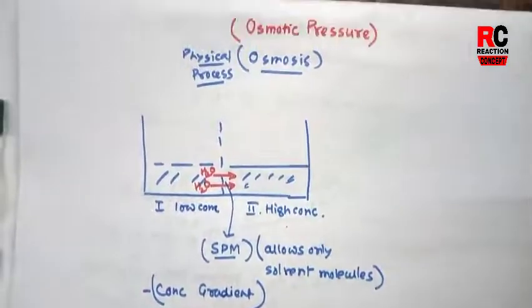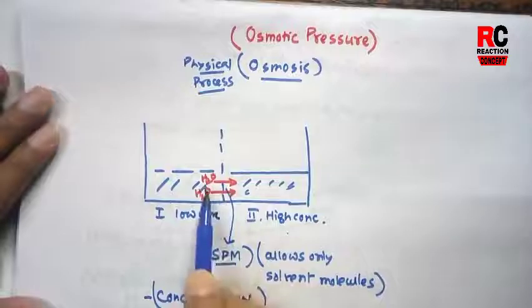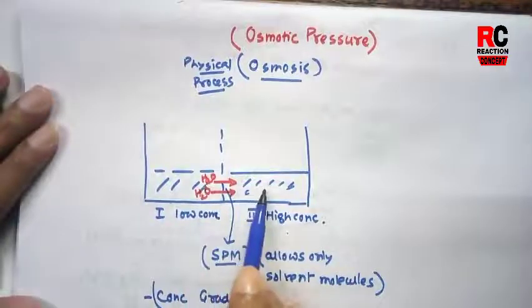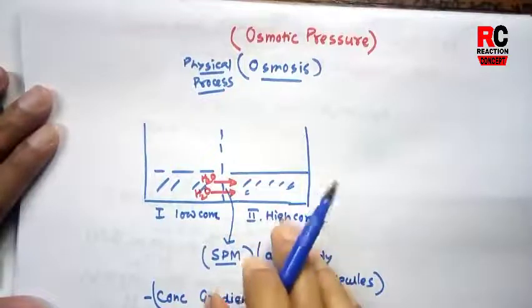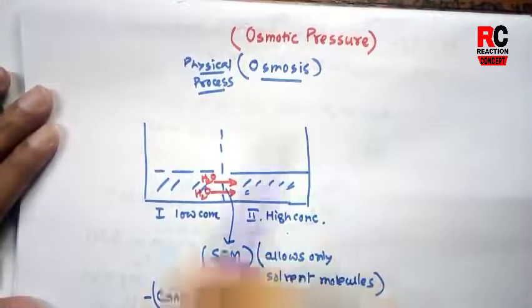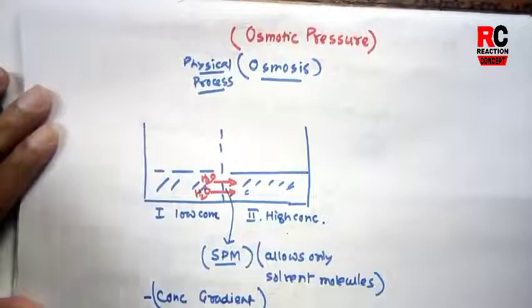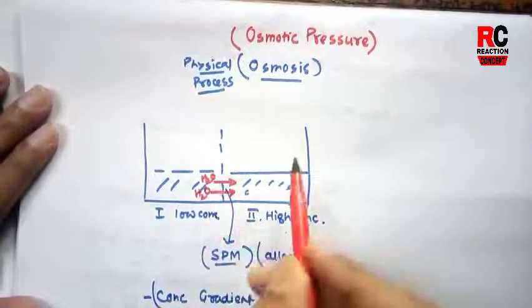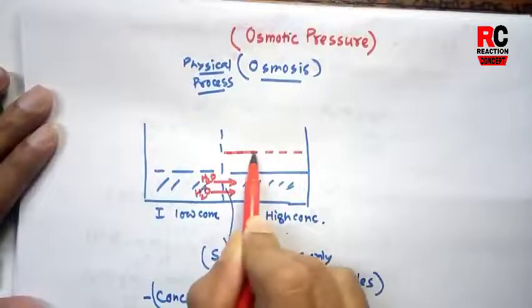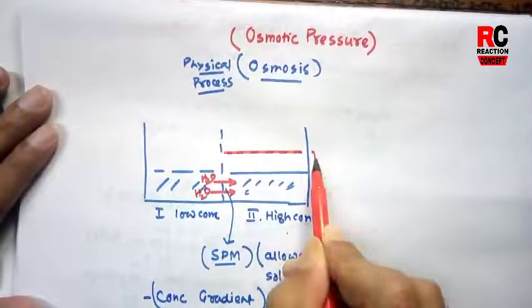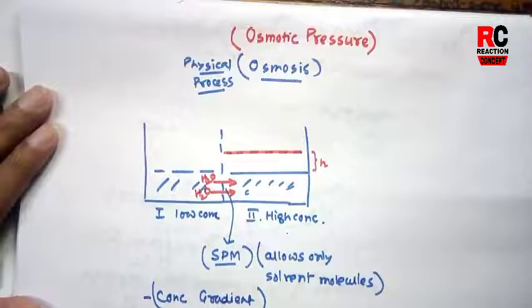You see, in osmosis what happens? When the solvent molecules flow from the low concentration to high concentration, the concentration of this solution will start to decrease. And the height of this solution will increase because solvent molecules have passed into it. So the height will increase, suppose up to h.